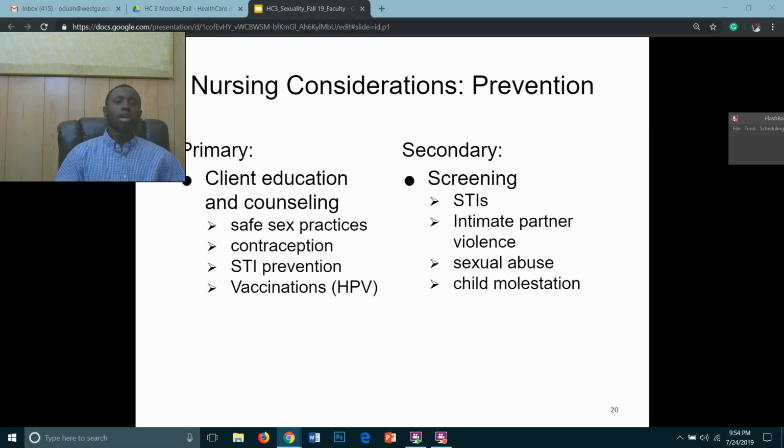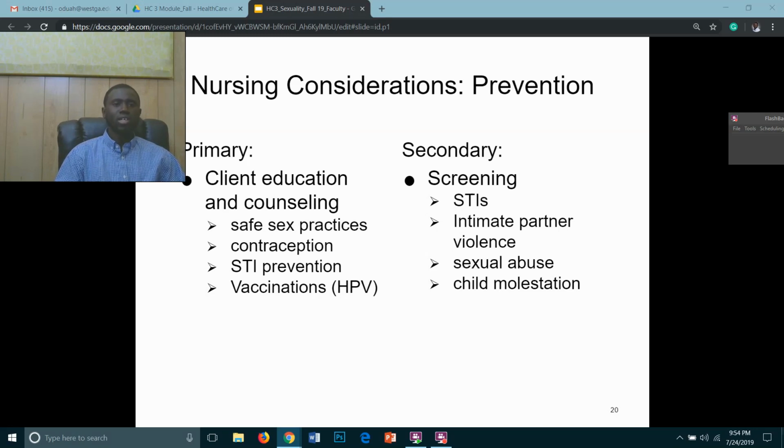While the goal of primary prevention is to provide a client with knowledge and resources for healthy sexual choices, secondary prevention focuses on the early diagnosis of sexual impairment or disease related to sexual health for prompt treatment.